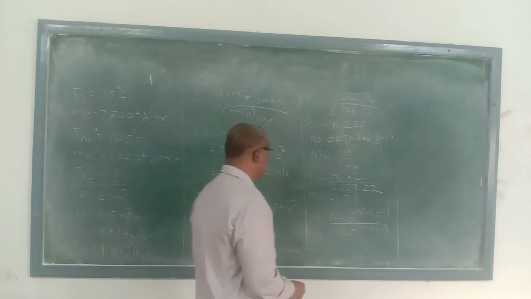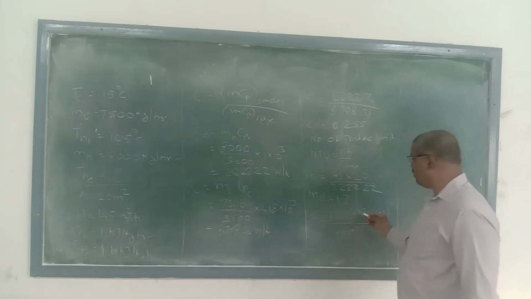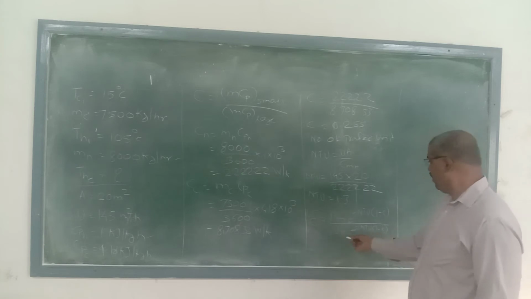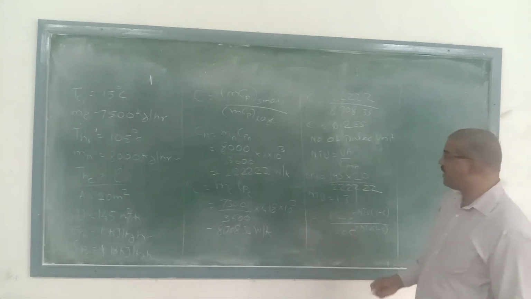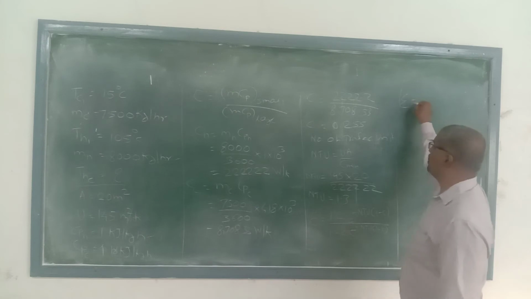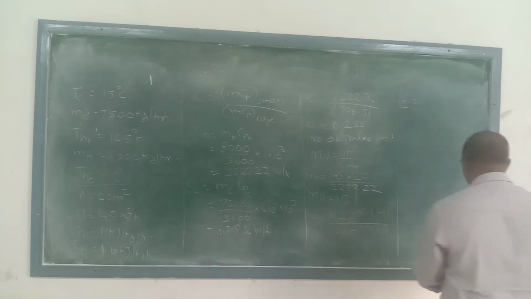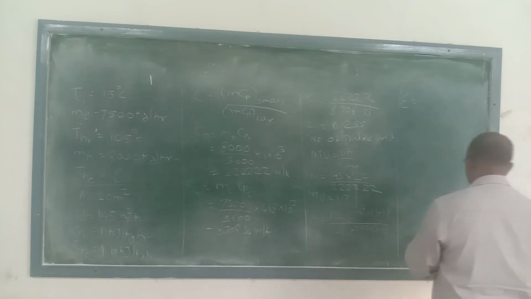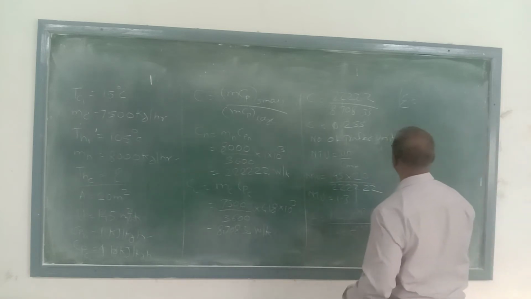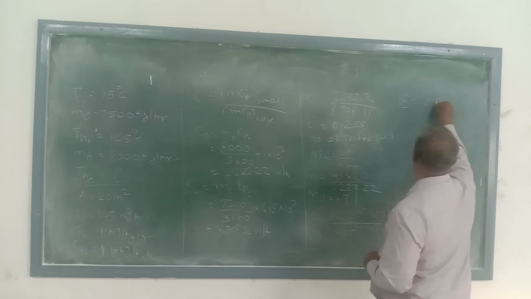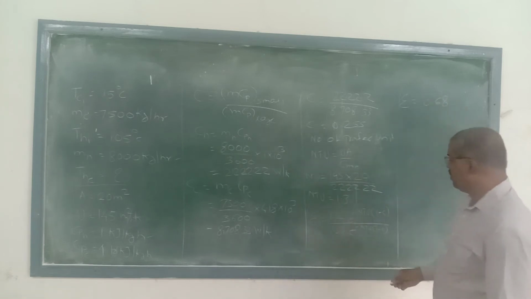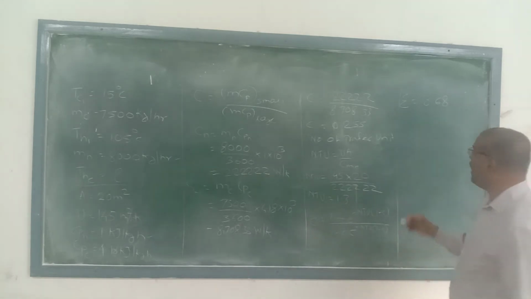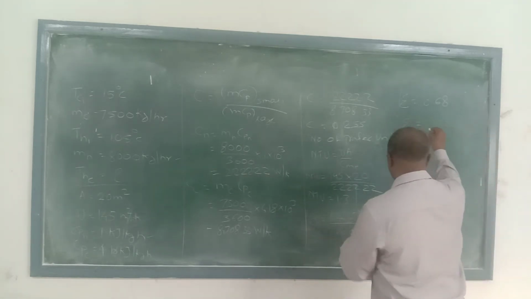In this effectiveness formula we have calculated NTU, we have calculated the C value, so we can easily calculate the effectiveness. The value of effectiveness comes out to be 0.68.